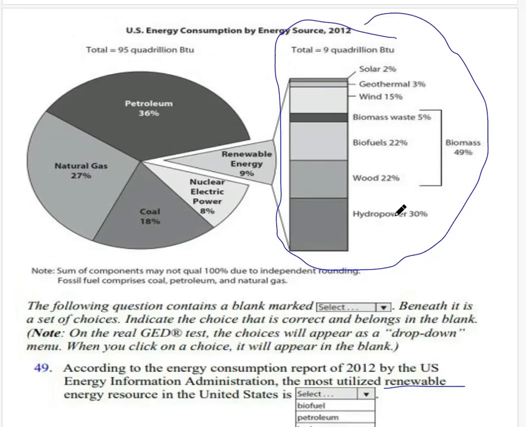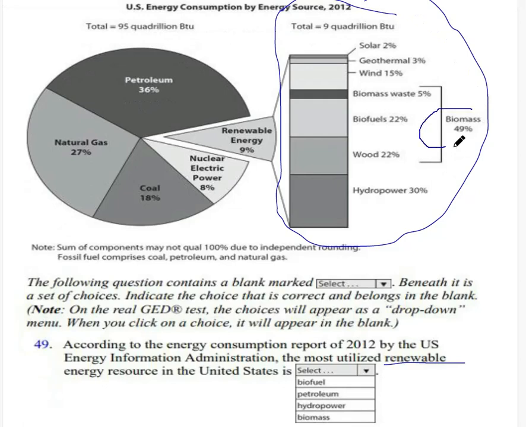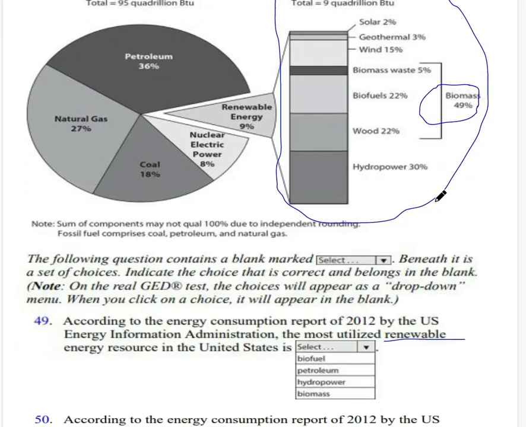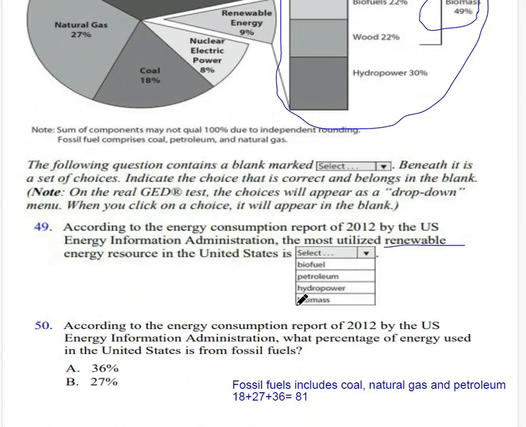The hydropower is 30, the solar is 2, geothermal is 3, and the wind. But they put it in general as biomass, because biomass waste is a biomass, biofuels is also a biomass, and wood is also a biomass. So basically, biomass is the most utilized renewable energy resource in the United States for 2012. So the answer here is biomass.